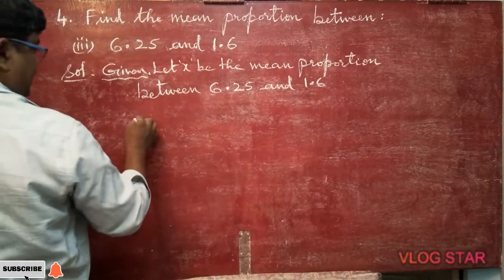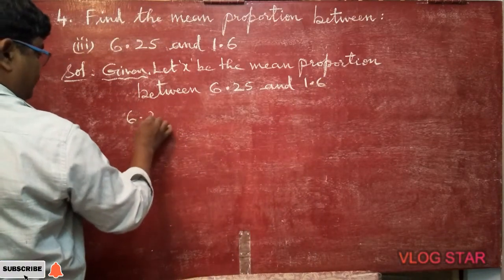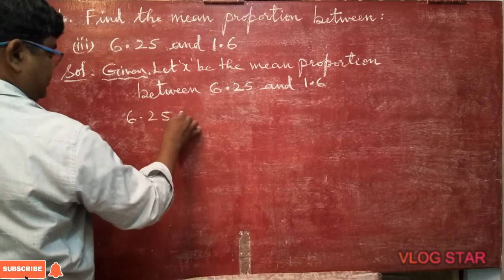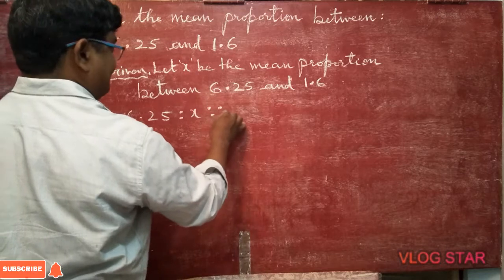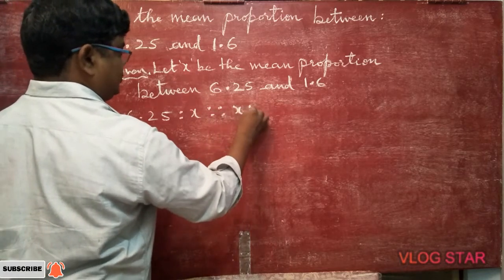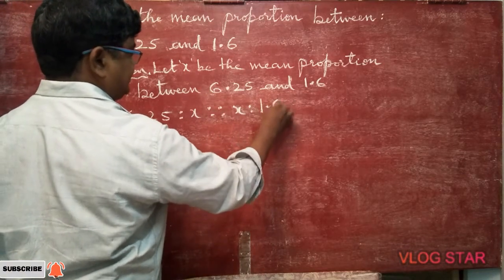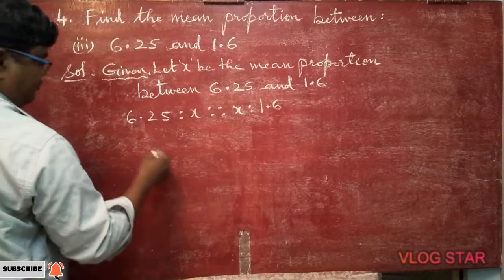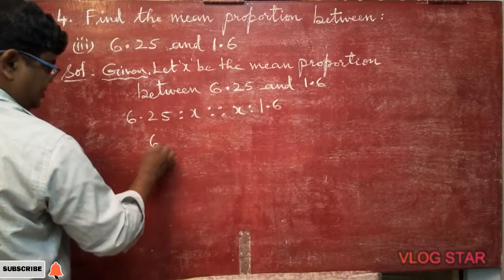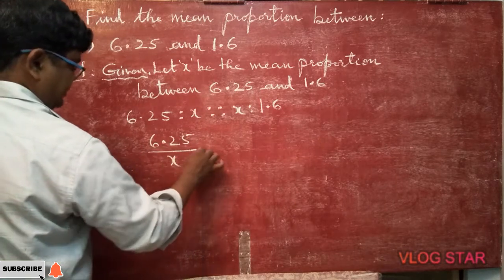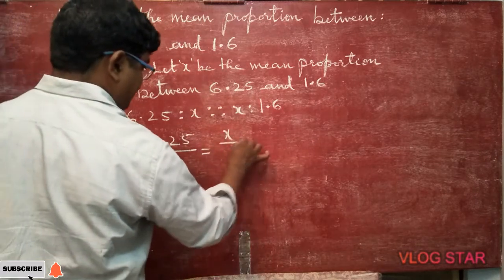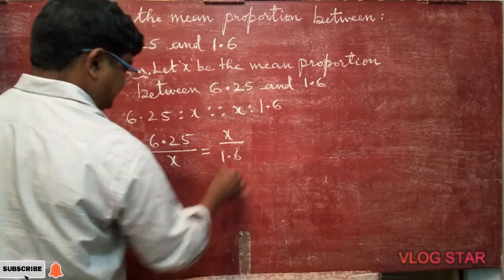So 6.25 is to x as x is to 1.6. Now another form of writing is 6.25 by x is equal to x by 1.6.